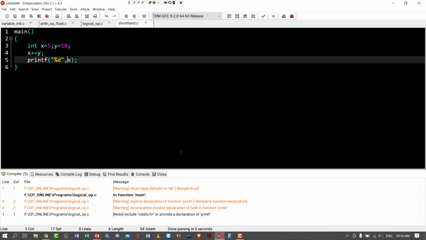What will be the value of x? 15. X plus equal to y means x equal to x plus y. So x plus y is 15. That will be stored in x. So the value of x will get updated. So now the value of x is 15.